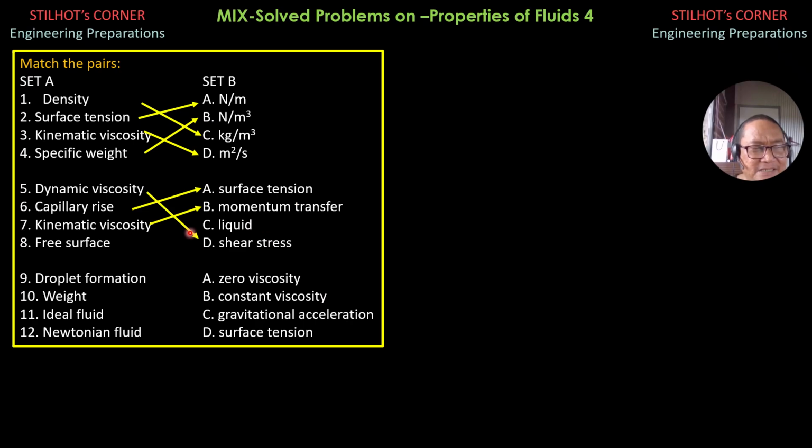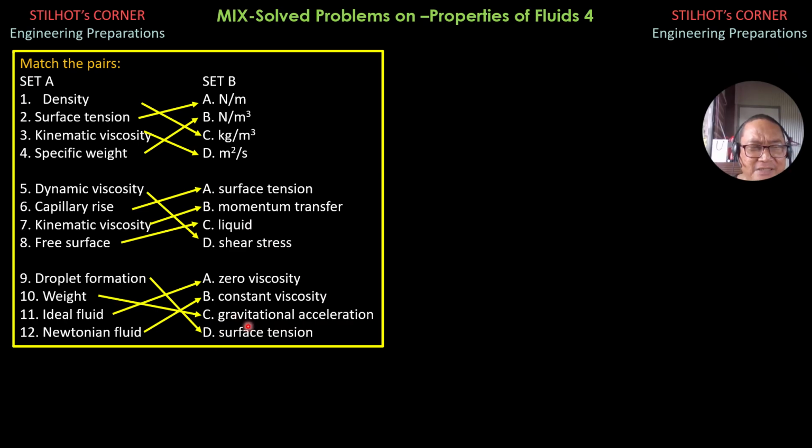Free surface: liquid. Droplet formation is due to surface tension. Weight: we have gravitational acceleration. Ideal fluid: zero viscosity, incompressible, A. And Newtonian fluid: constant viscosity, B.